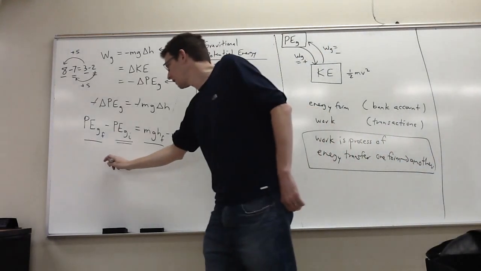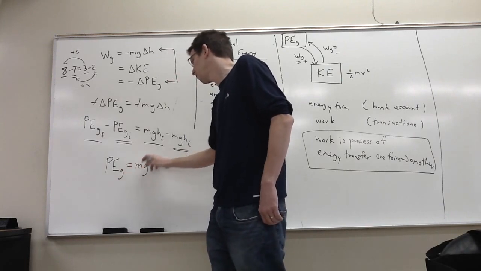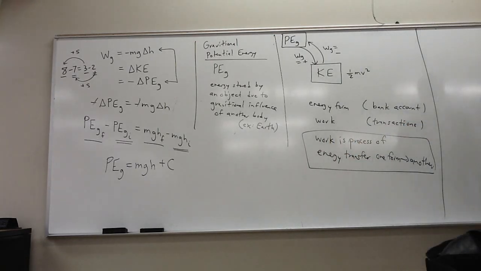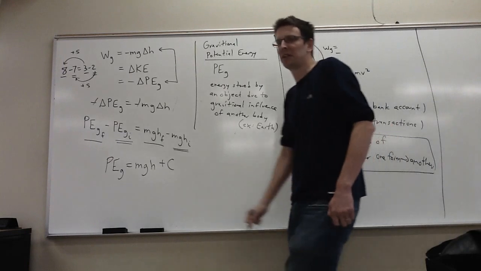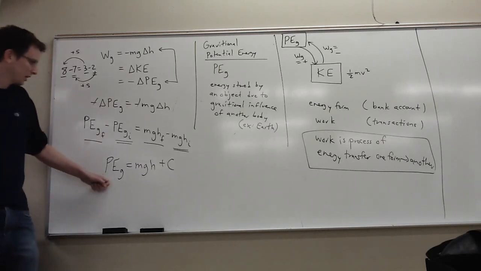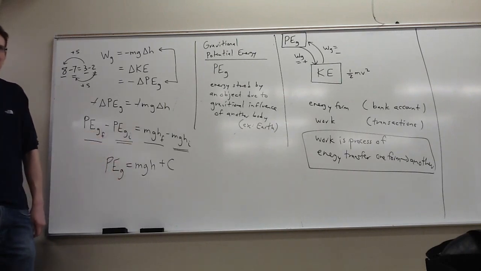So if I want to be technically correct, I should say this: the formula for potential energy is actually mgh plus some constant. There could be some offset between them. In the case of my example numbers, it was 5. And I would never notice it if I subtracted, because the c's would wash out. If I subtracted final minus initial, the c would go away, and I wouldn't notice that it was there.